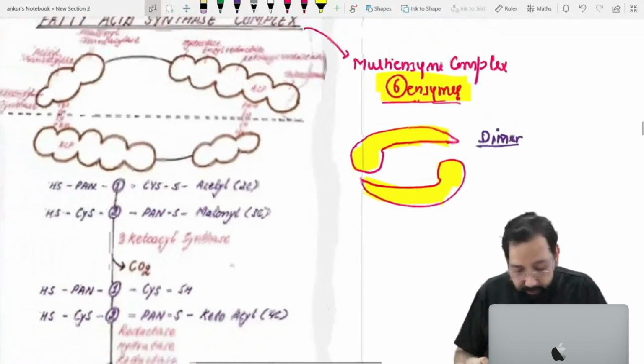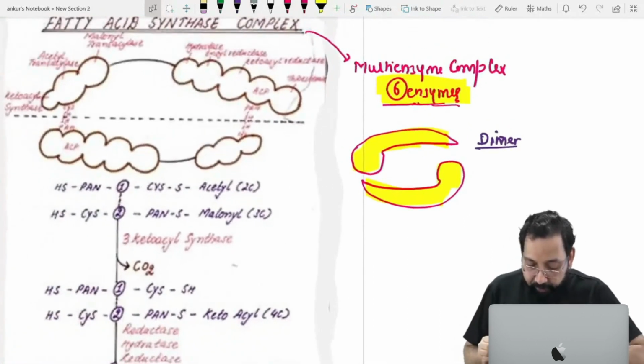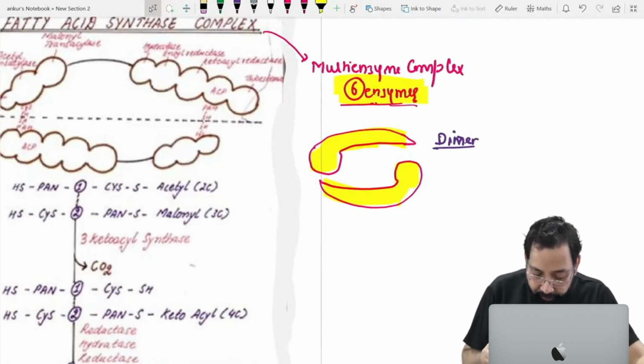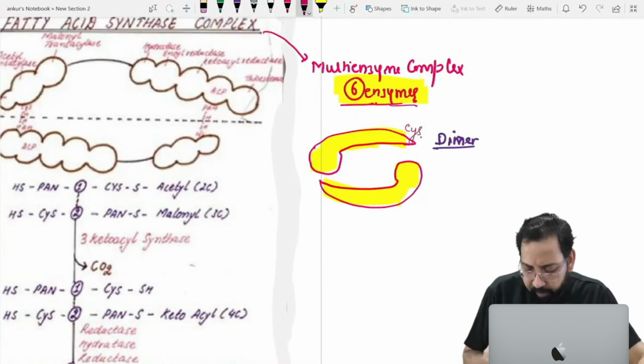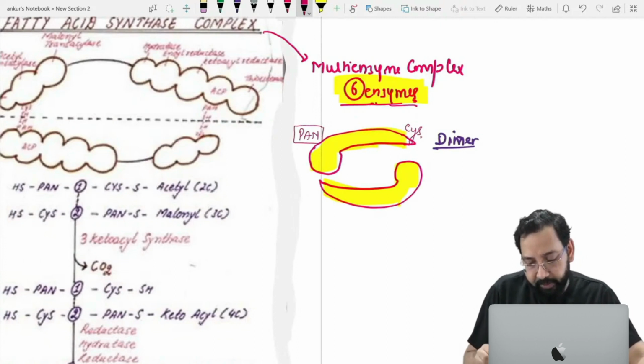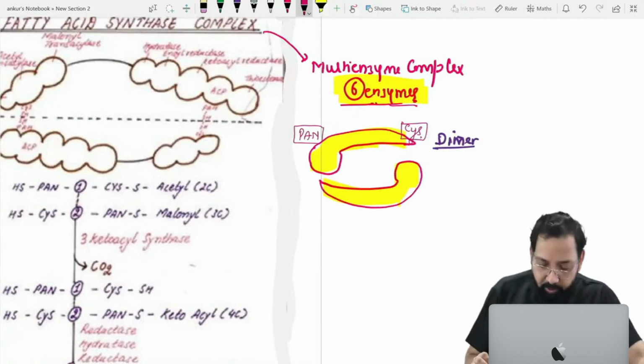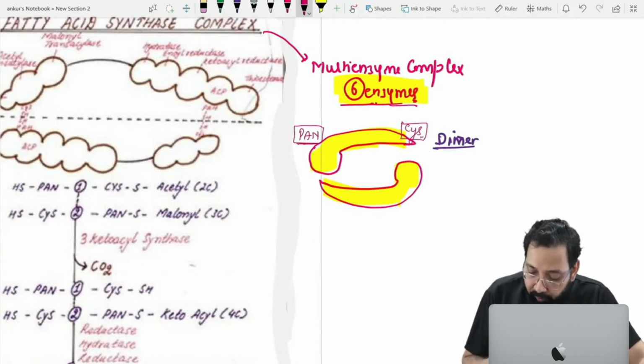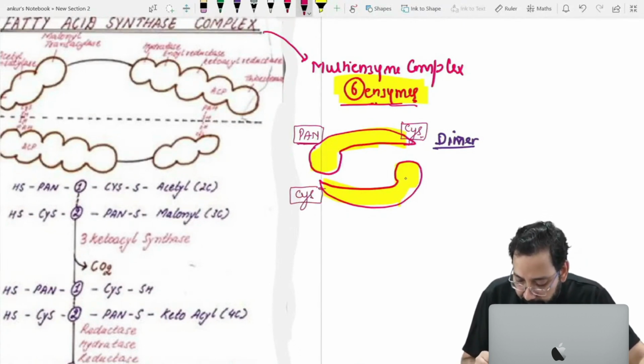If I define head and tail like this, if I define that tail is the cysteine end and this is the pan end. Pan means pantothenic acid, cys means cysteine. Don't get confused, nobody is going to ask, but you can remember this is the cysteine end and this is the pantothenic pan end. And another subunit also has a cysteine end and a pan end.